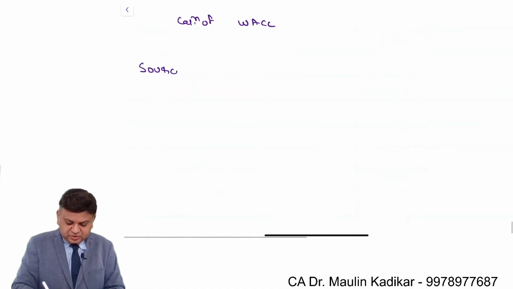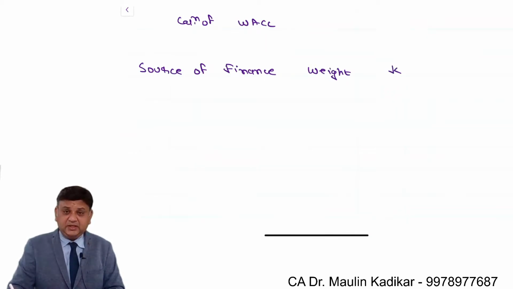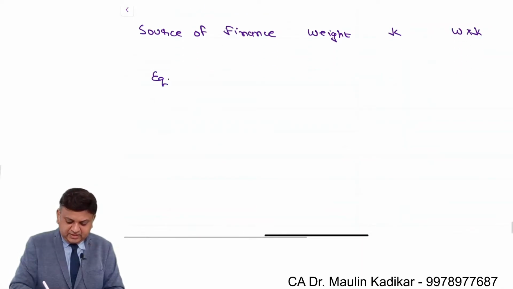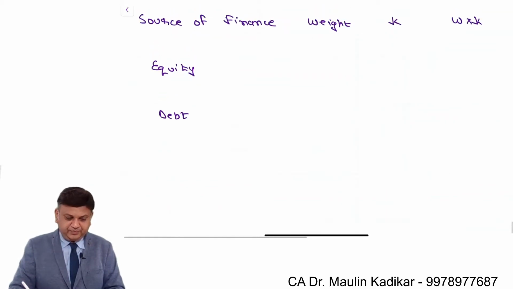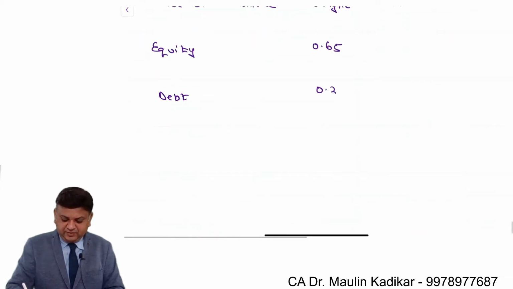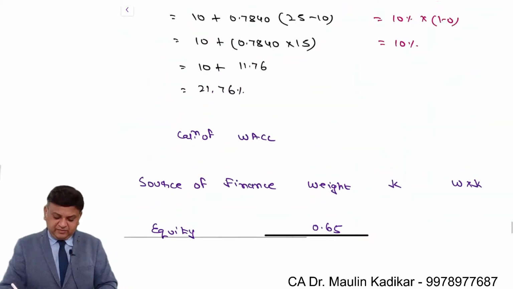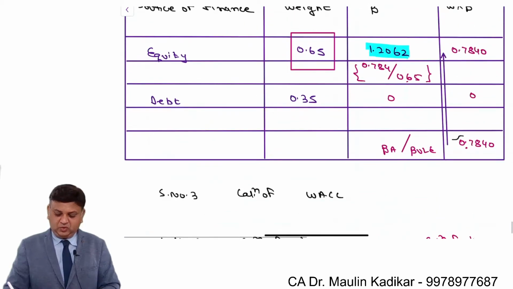In that, column number 1, source of finance. Second column is the weight or the proportion in which funds have been raised. Third is the cost of capital, weight into cost. There are two sources of finance, equity and debt. The proportion in which the funds have been raised is 0.65 and 0.35. Cost of equity has been found by us. Oh, sorry, there is a mistake on my end.